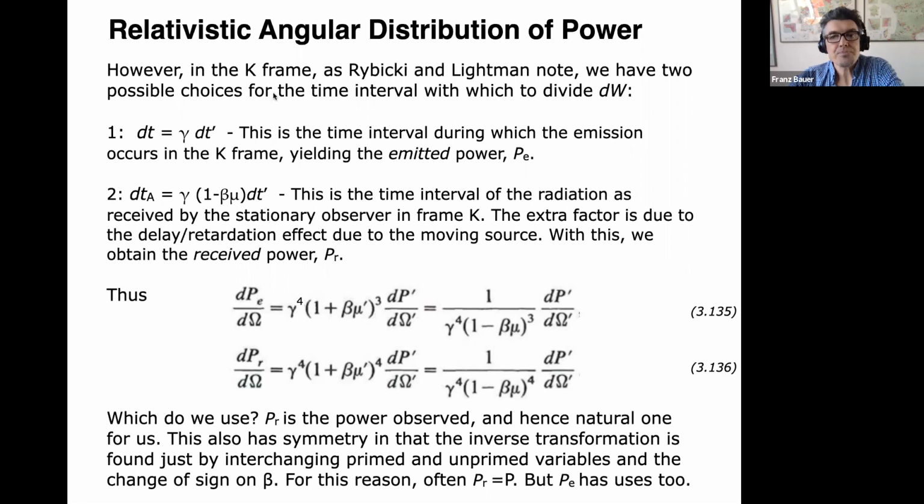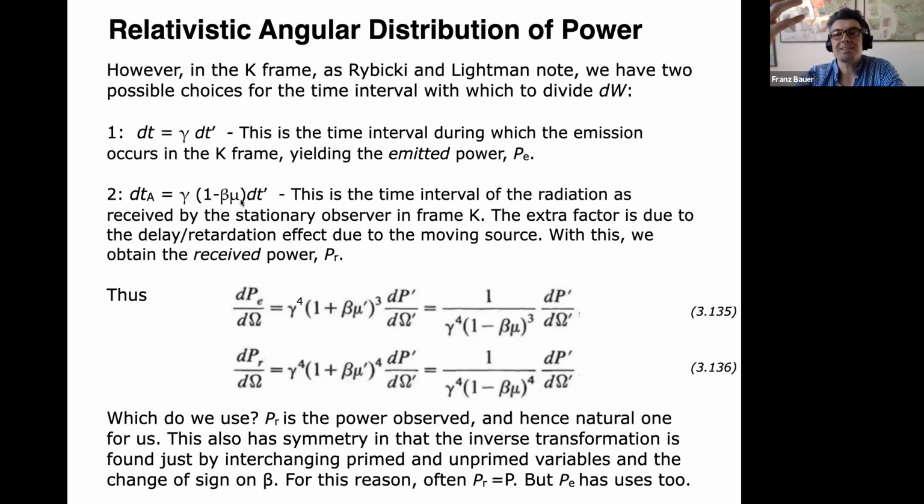And so there are two possible choices here. One time is this conversion here. And this is the time interval during which the emission occurs in the K-frame. And this particular version yields the emitted power. And then there's a second time, which is the arrival time.